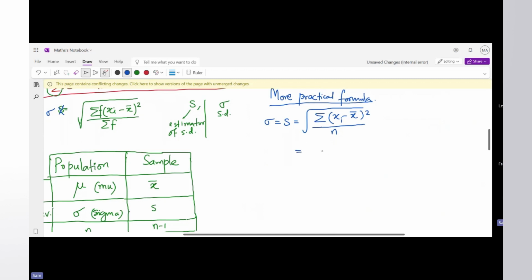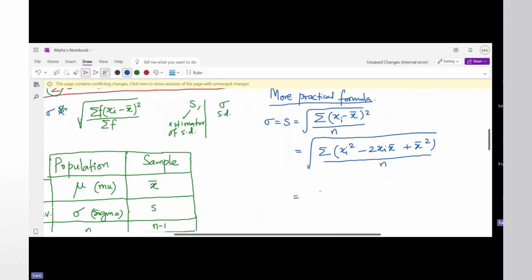So this is equal to the sum of what is a minus b the whole squared? Xi squared minus 2 xi x bar plus x bar squared, whole thing over n, and everything is in the square root. Now we can open the brackets and give the sigma notation to each term.